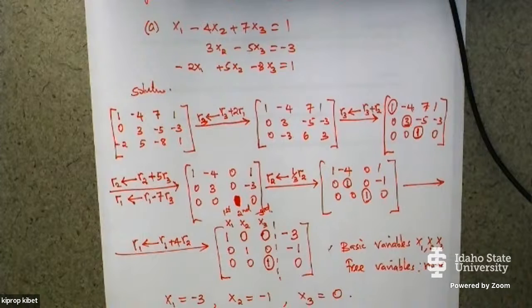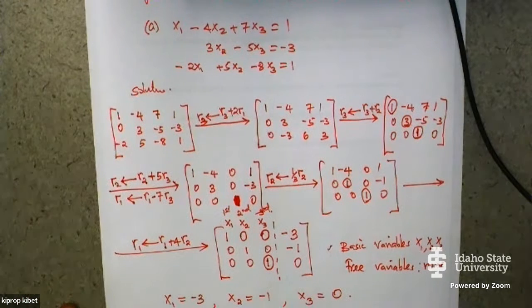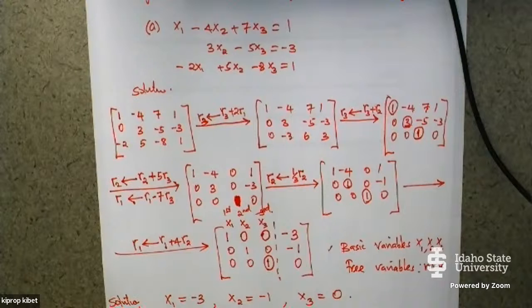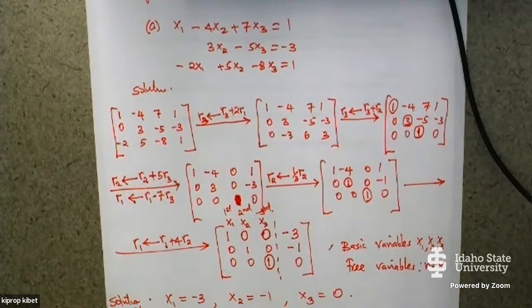So these are the solution of that linear system. So this one is the solution set. Any questions after that? So that is how you can solve that linear system.